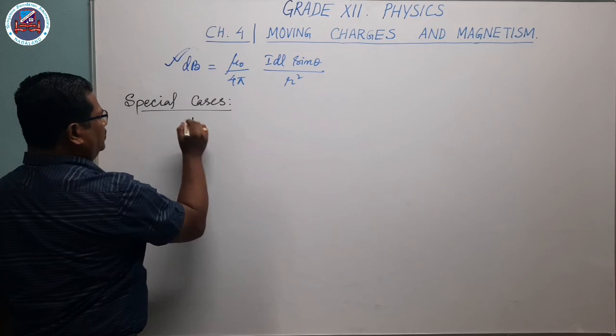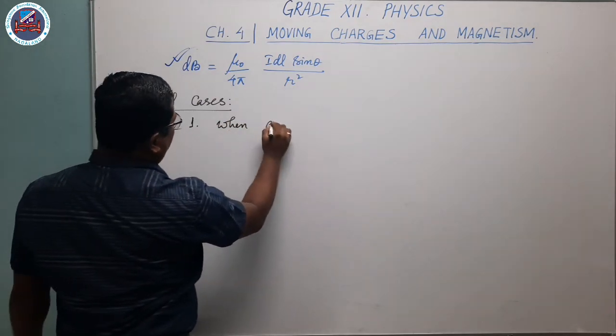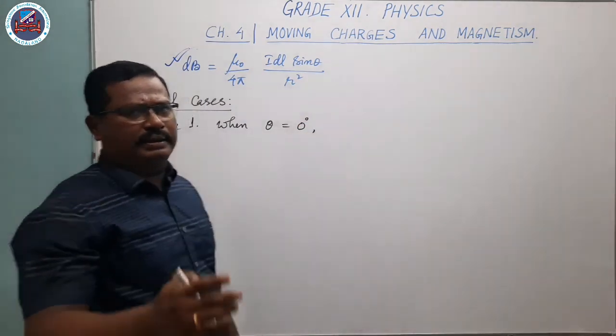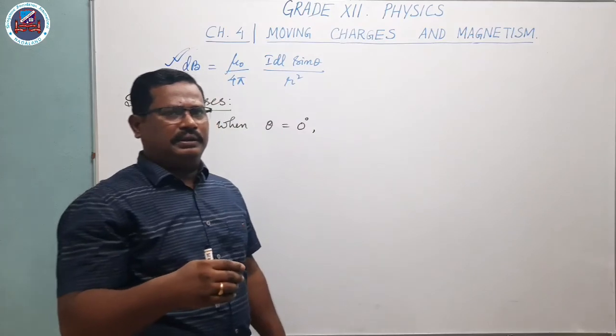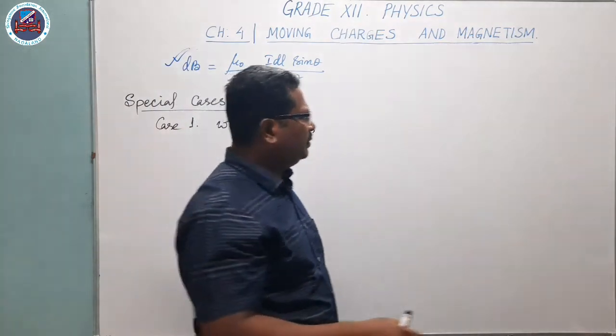Case 1: when theta is equal to 0 degree, the angle between I dL and R is 0 degree, that means dB you have chosen on the wire.